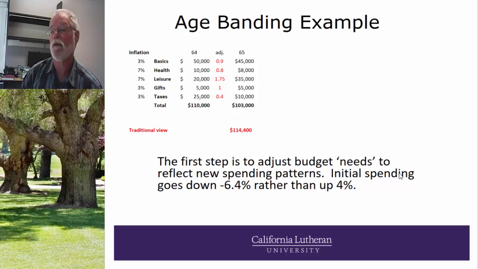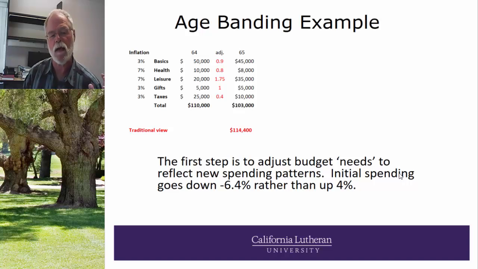The client is going to increase their entertainment, their travel, their leisure, so they're going to take a bump up. So he put in an adjustment factor to allow the planner to say, okay, now leisure is going to account for $35,000 or almost 35% of your spending as opposed to 20%. You can take a look at the numbers.